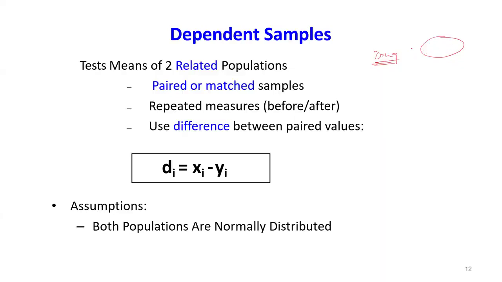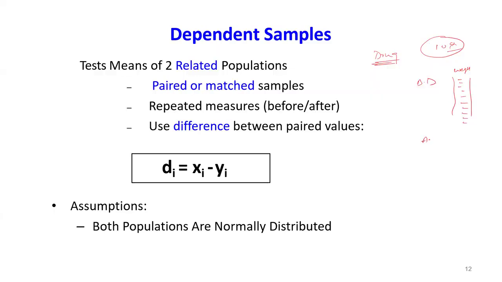Before giving the drug, okay, before giving the drug, you will measure a particular parameter, for example, the weight of that person. Okay. Now let's suppose in your sample, there are 10 people. There are 10 people. Okay. And you have collected the weights of all the 10 people before giving the drug.